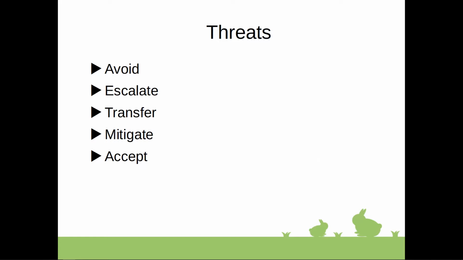Threat acceptance acknowledges the existence of a threat, but no actions are planned. So basically, the project manager and the project team accept the fact that this threat exists, and if it happens, no activities will be done.